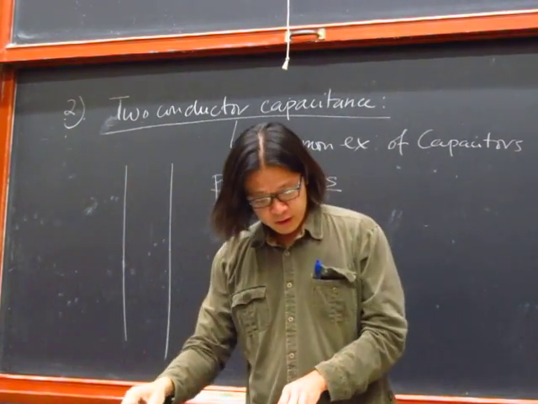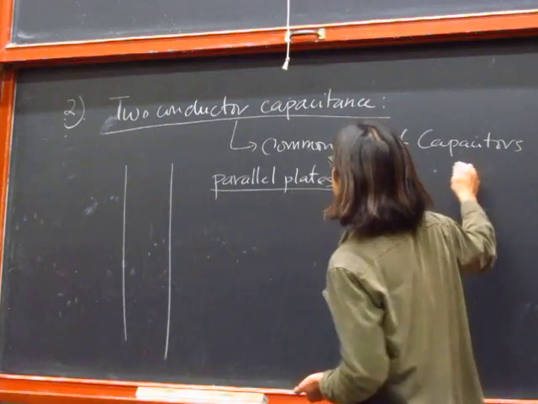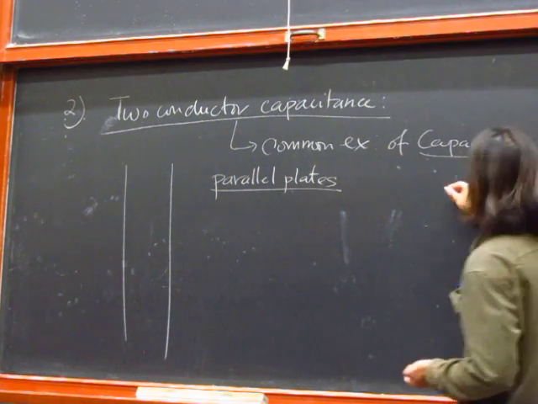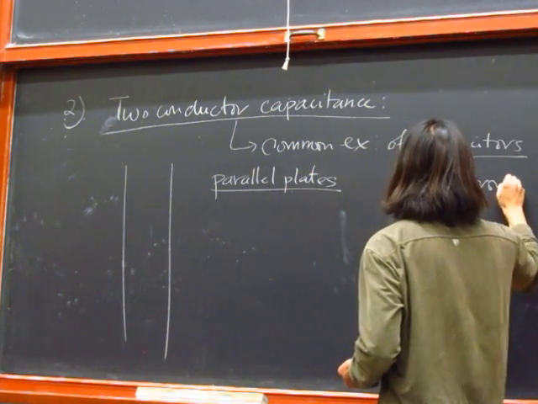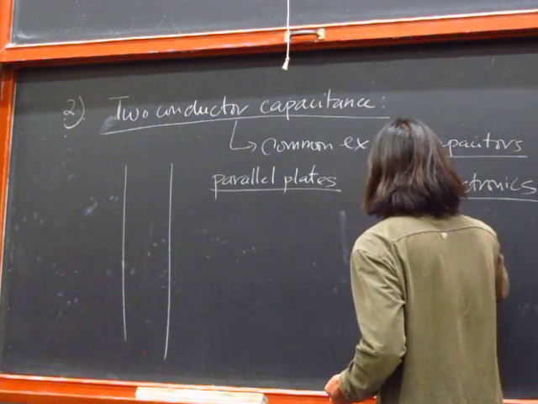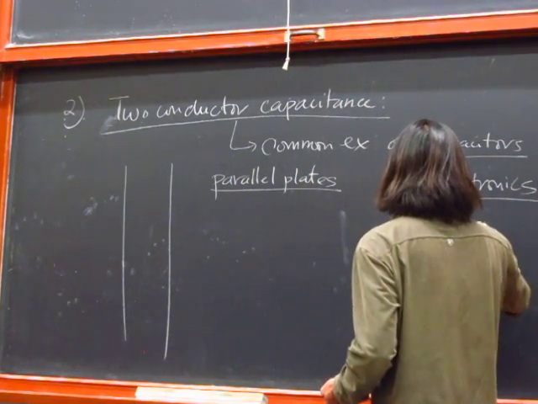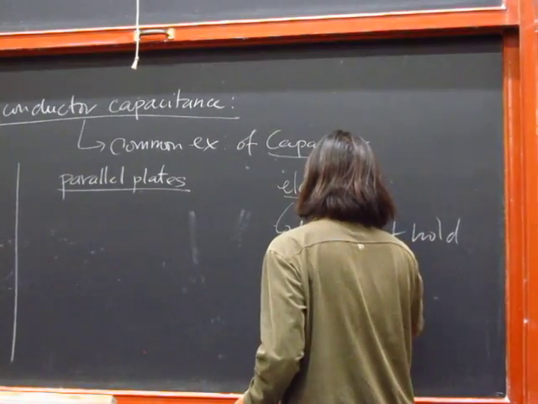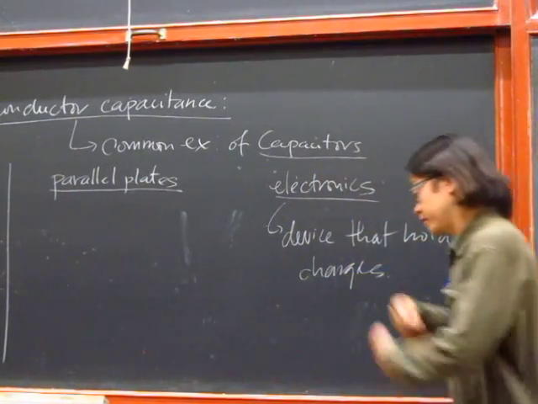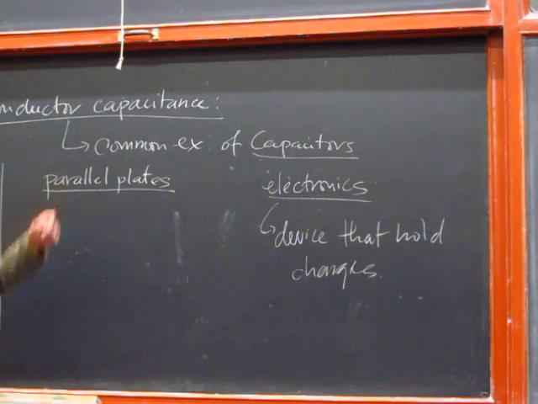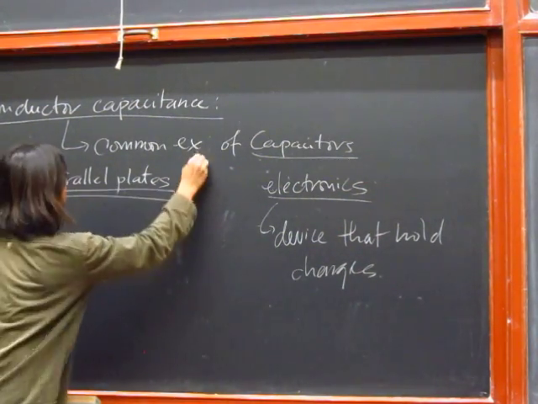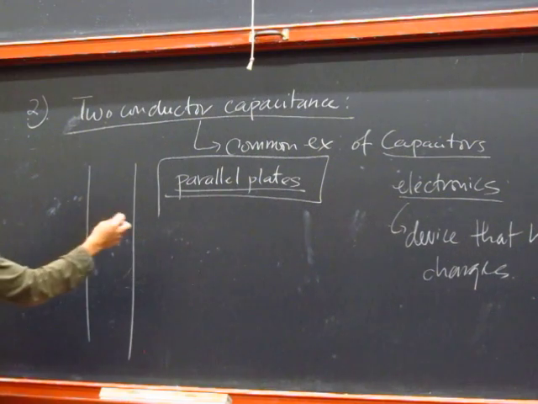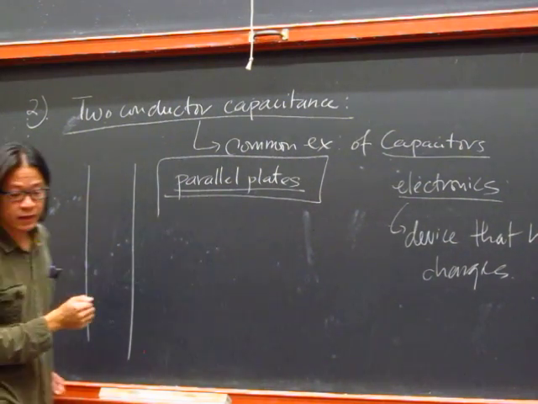And this kind of capacitor is very ubiquitous in a lot of applications in electronics, especially. It's a device that holds charges. And if you study electrical engineering, you can see this a lot. But in this case, we just want to talk about the concept of capacitance for two conductors. And again, as I said, this is the canonical example, two parallel plates.